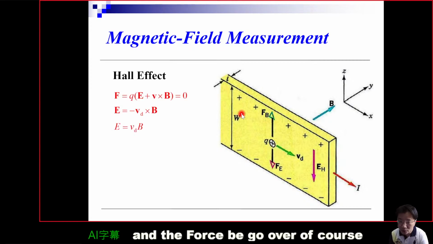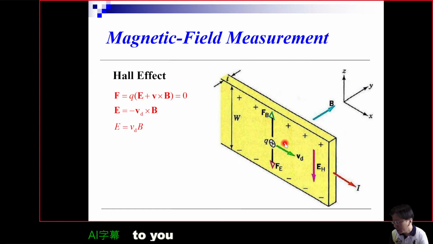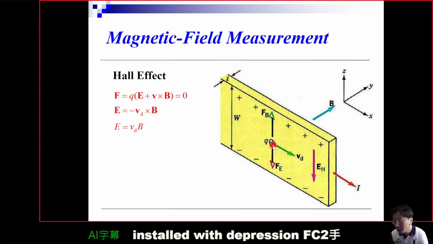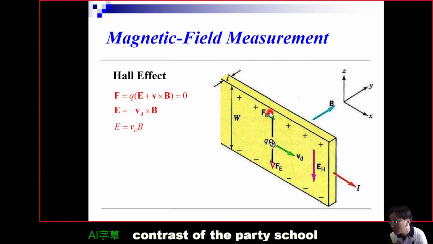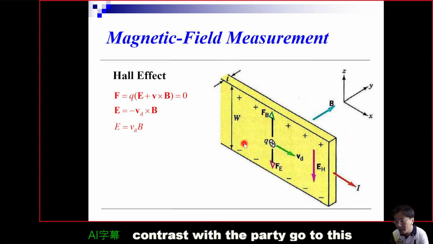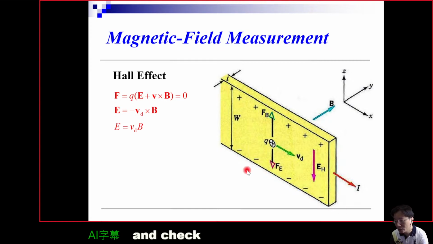Of course, we know the charge will feel the Lorentz force with this equation: F is equal to Q(E plus V cross B). So charge will accumulate at the top of the plate, the positive charge goes to the upside, and at the bottom they are all negative charges.